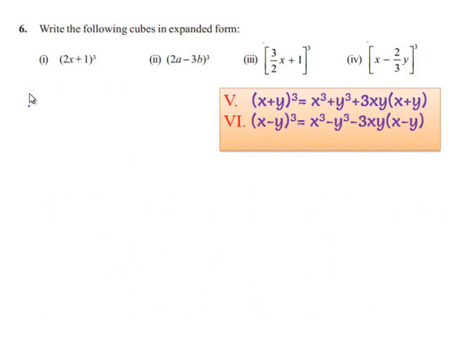Coming to the third one, which is (3/2 x + 1) whole cube. In order to expand this, we need to use the fifth identity, which is (x + y) whole cube is equal to x cube plus y cube plus 3xy multiplied by (x + y). If we compare the given bit with the fifth identity, we get x as 3/2 x and y as 1.